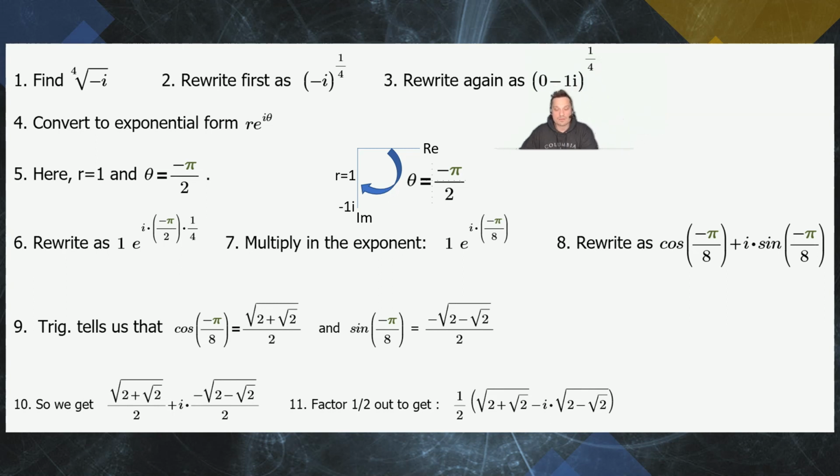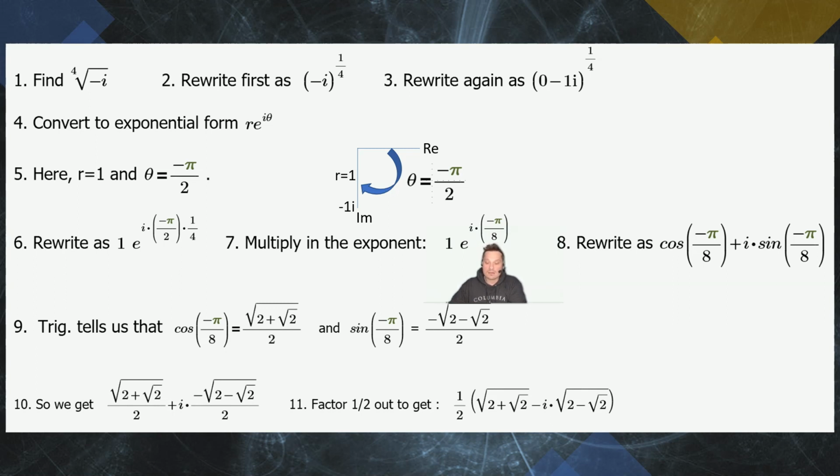All we have done is rewrite negative 1i as an exponential, but that 1/4 has not been touched the entire time. That's why back here at step 6 you have to have negative pi over 2 times 1/4, and then you just multiply those out. It gives you 1 times e to the i times negative pi over 8, the result of the multiplication.